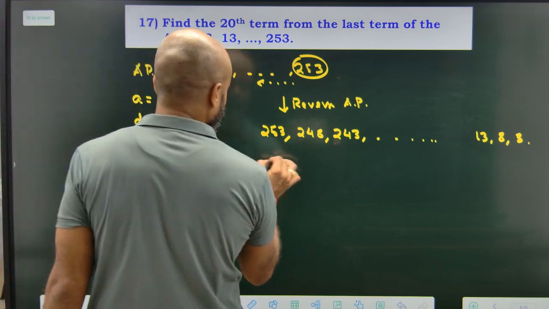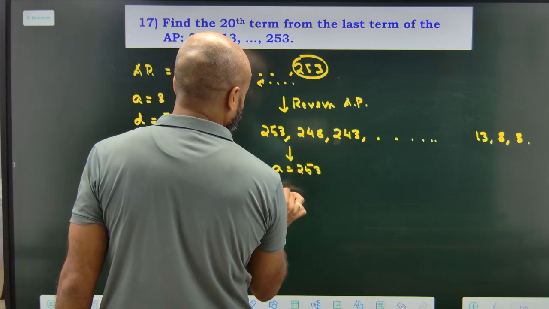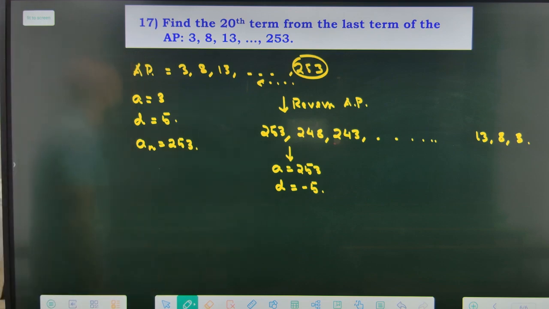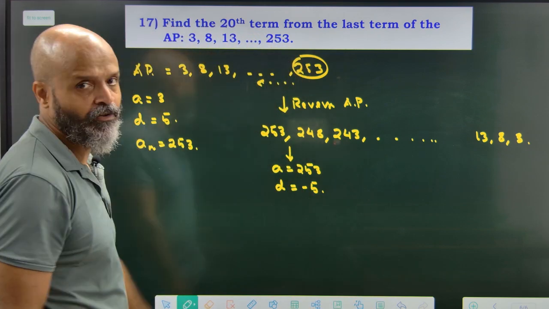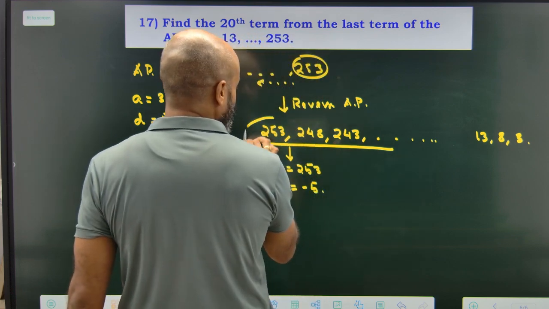If we notice here, the first term A is 253 and the common difference D is minus 5. So how do we calculate this? Now we have to basically calculate the 20th term of this AP.